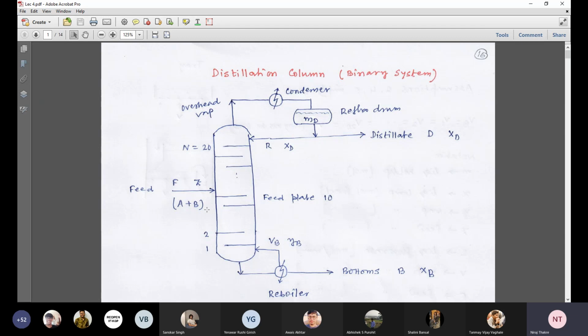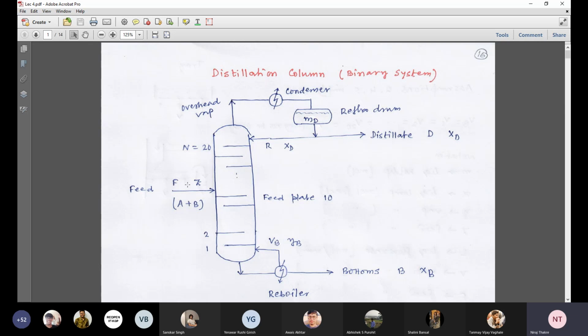These two components are A and B. I repeat, we are currently discussing a simple distillation column to fractionate a feed mixture that consists of two components, A and B. We consider F as the feed flow rate, and Z is the composition.